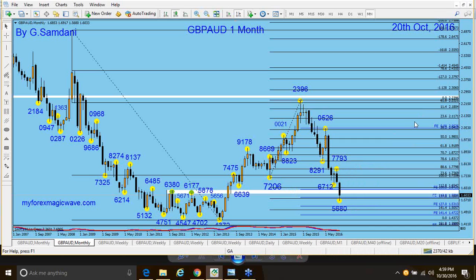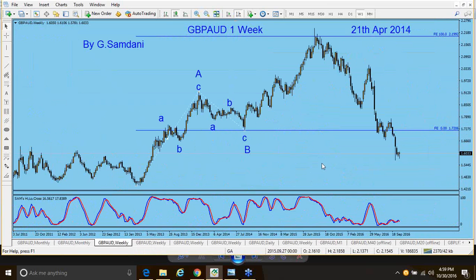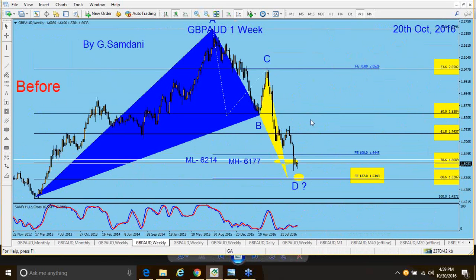This harmonic pattern we call butterfly. So it's a small butterfly, finishes at 127%, and the bigger one goes as far as 1.618%. So right now you can see here, this is the pattern that I've been showing you all along, and this is what really happened, and we finish it.